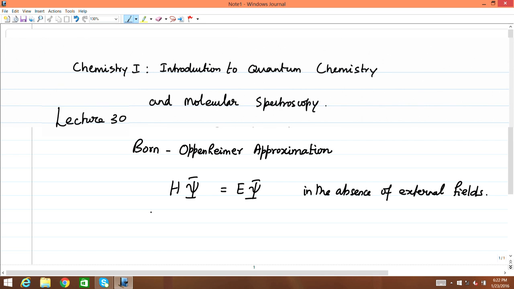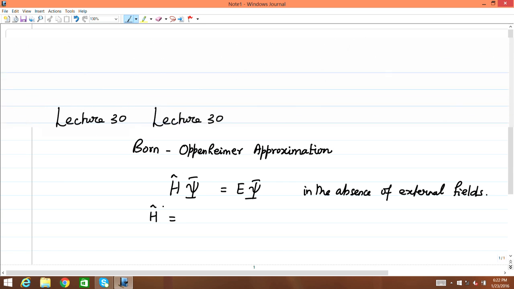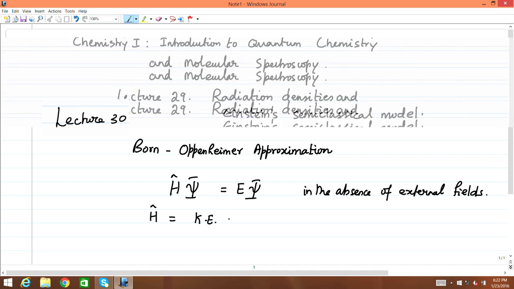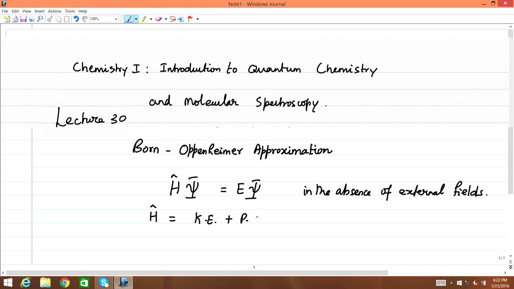And H is of course the sum of the kinetic energy and the potential energy. For the first time I am using the hat symbol, but I'm not consistent with that. It's the kinetic energy of all the atoms and the electrons and the potential energy between the atoms, the nuclei and the electrons.